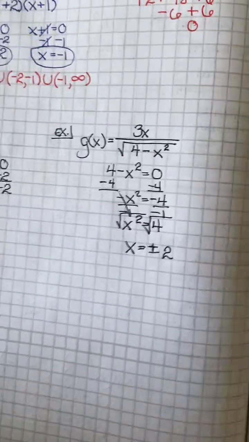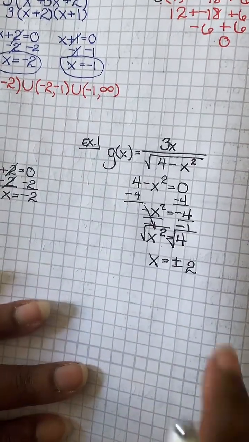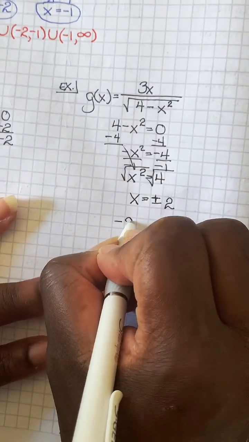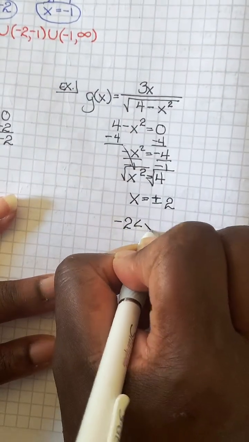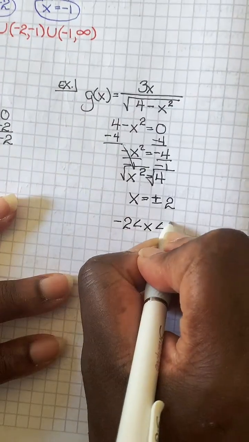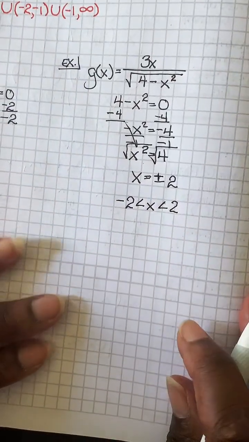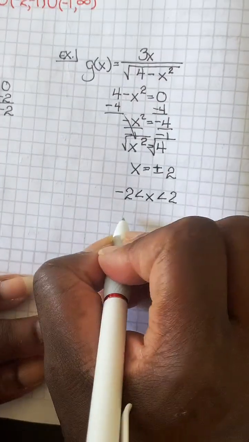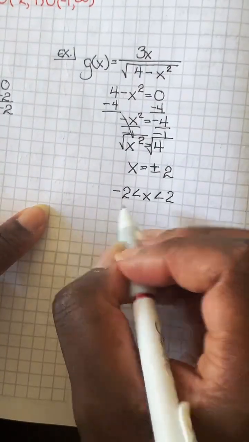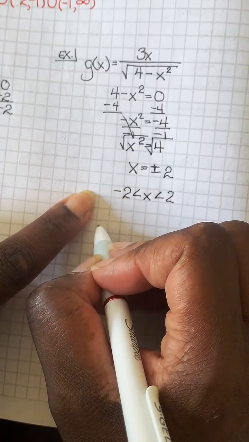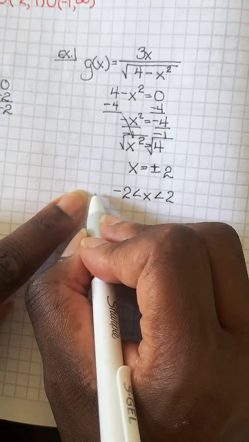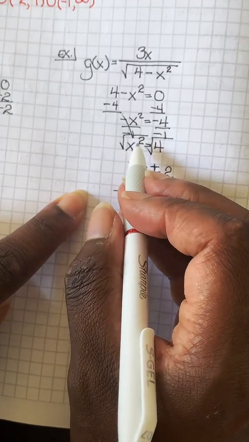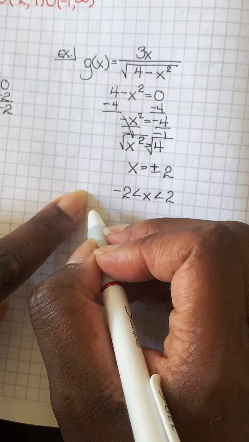Okay. So that's correct. So my answer is going to be in between negative 2 and 2. So how I write this, it's not going to go all the way to negative infinity, because remember we picked a negative 4, and negative 4 is going to be on this side of the number line, and it gave me a negative 12 underneath that square root, and we can't have a negative 12.